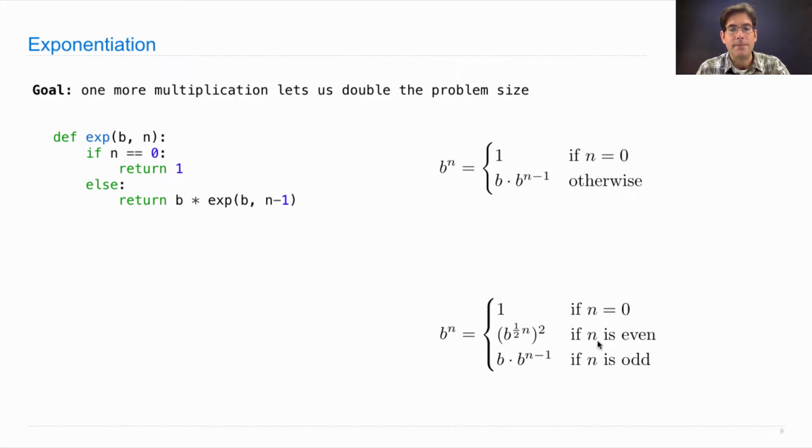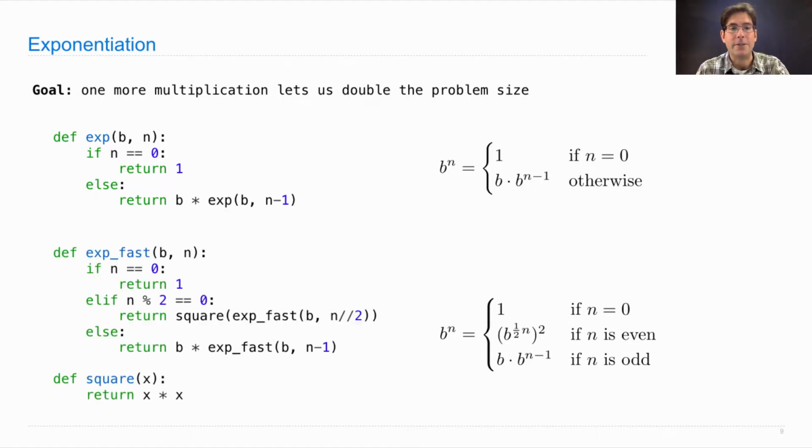If n is even, then I can raise b to the 1/2 n power and square that result. So if n is 16, I raise b to the 8, and then I square b to the 8 to get b to the 16. If n is odd, then I use the definition I had before.